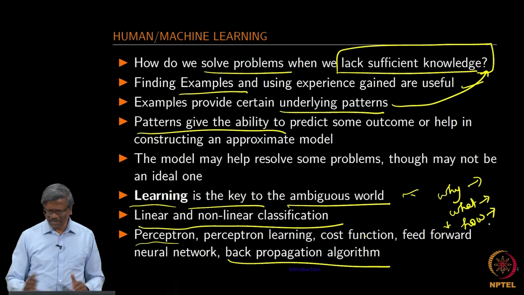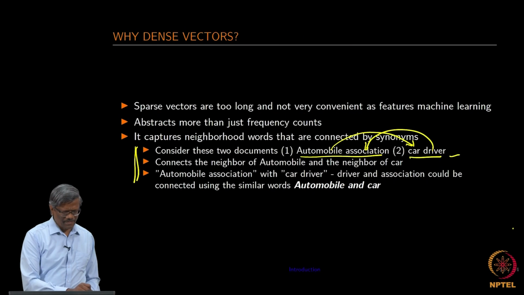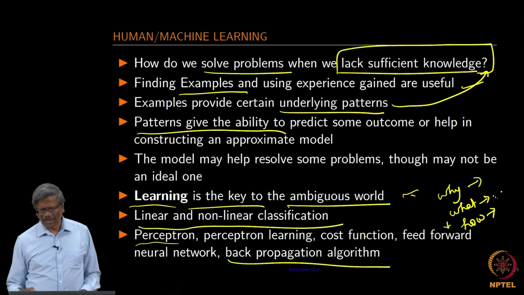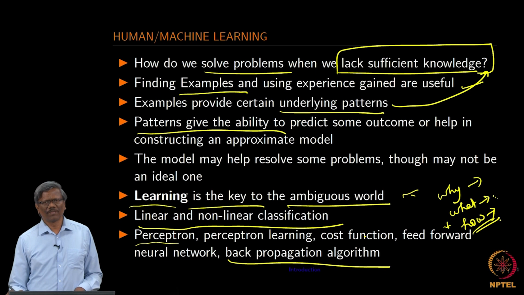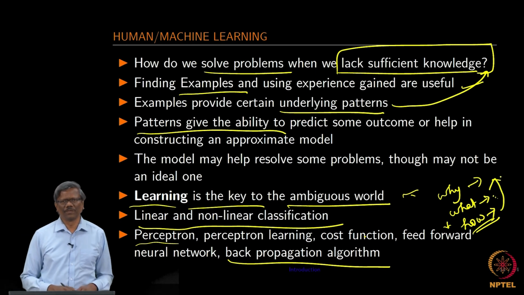So, these are all the what parts in terms of what we need, especially the dense vectors, the probability that we spoke about, they are all from the what part. Okay. And then how is all about how do we really implement that. So, what are all things that we have to do in order to implement that, and that would answer the question on why do we do this.